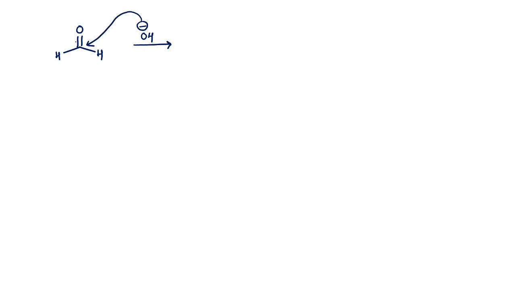So it will attack on this. You will get HC, I'll write down OH over here, here it is H and this is O minus. This is your first molecule. It is a hydroxy alkoxide ion.